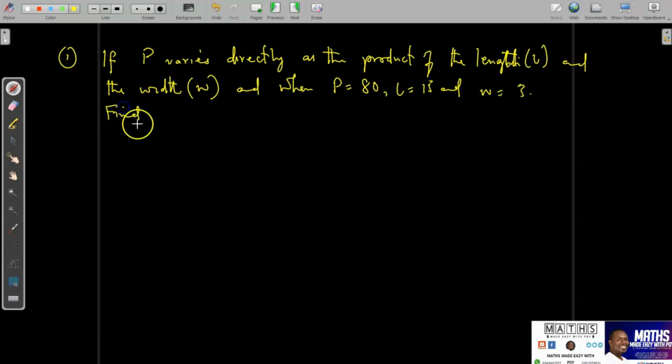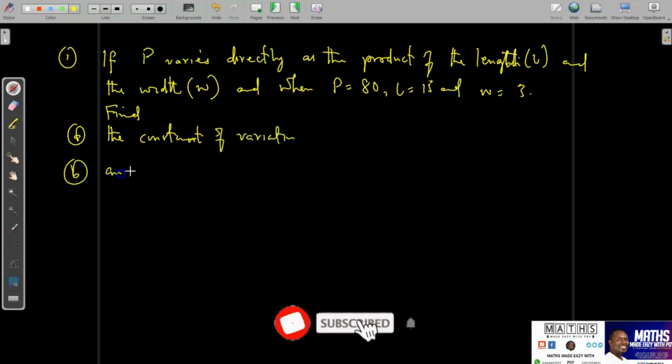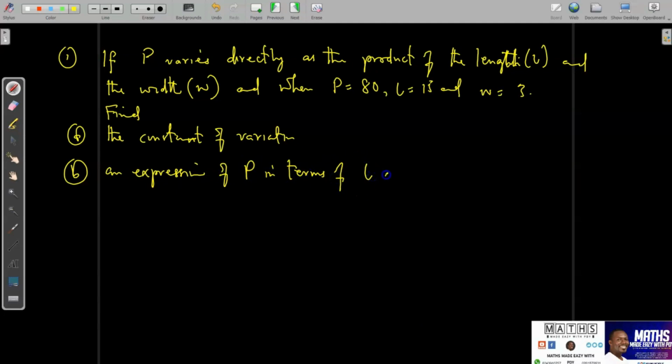Find A, the constant of variation; B, an expression for P in terms of L and W; and C, W, if P is equal to 120 and L is equal to 45. That's my first question.